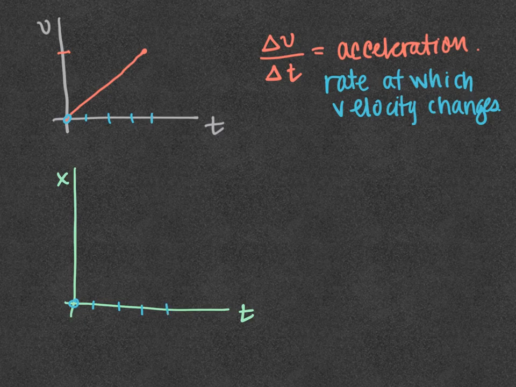And if the slope of the line for the position time graph is equal to this value, because the slope of a position time graph is the velocity, then that would mean that my slope should be 0 at x equals 0, but then later our velocity is not 0, so that means that later our slope should not be 0.